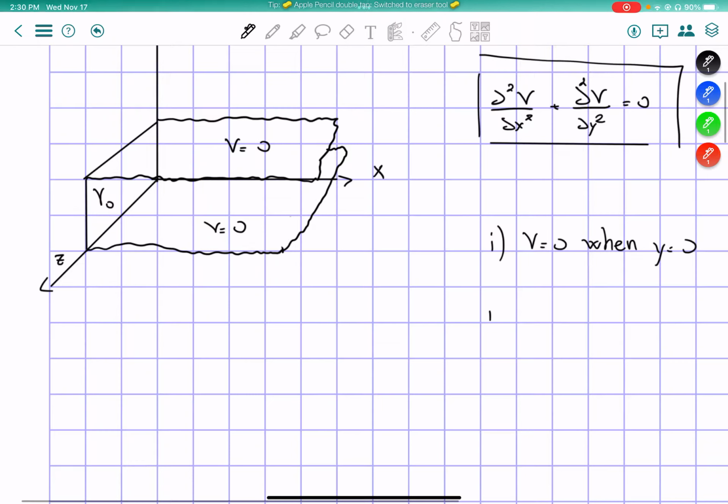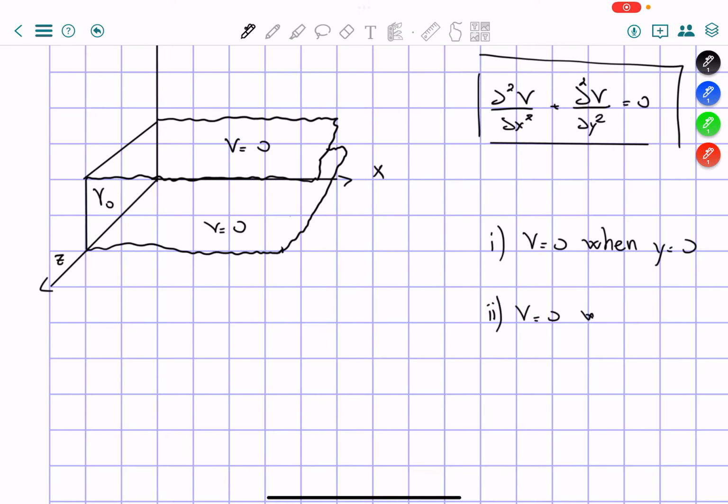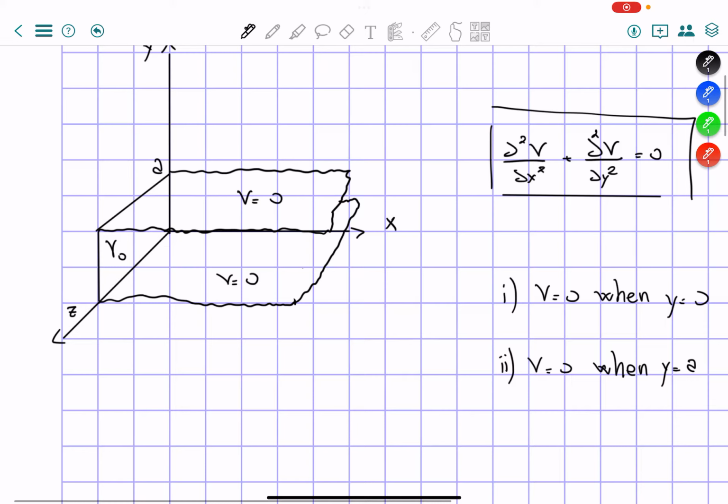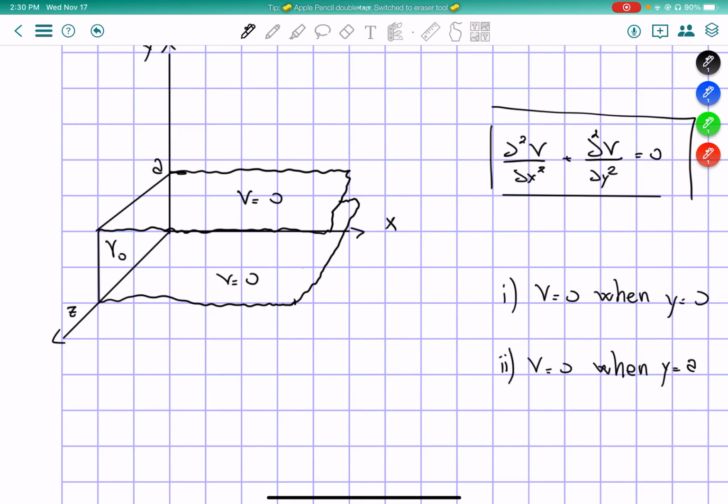Now the second boundary condition is that V equals 0 when y equals a. Now a is the value on the y-axis at which the second grounded plate is. So we know that at this point here there is the plate on top, and that its voltage potential is equal to 0, like you can see right here.